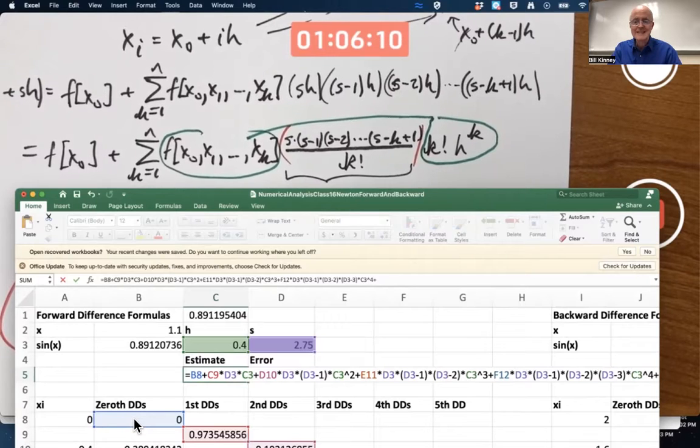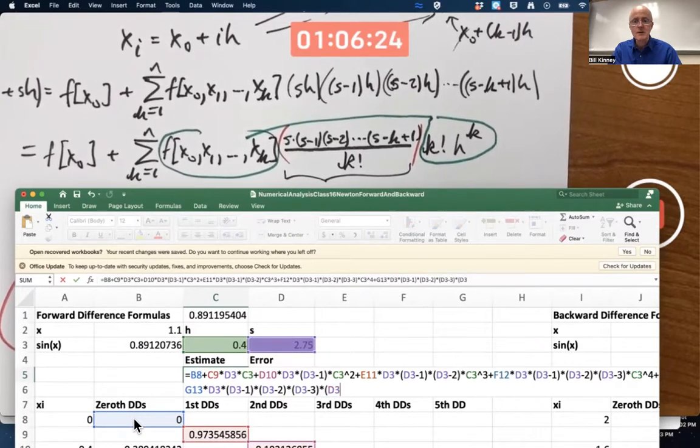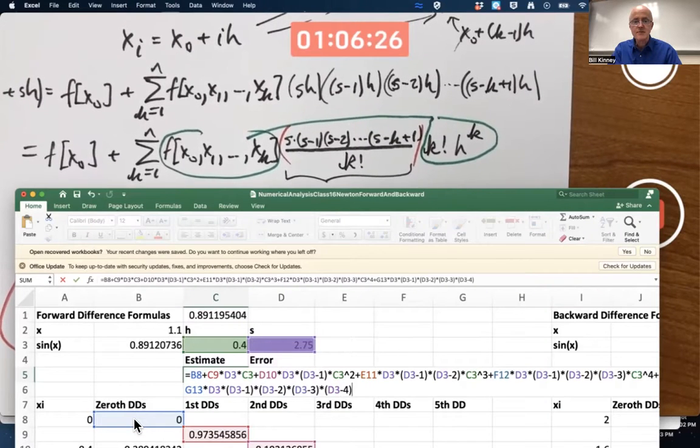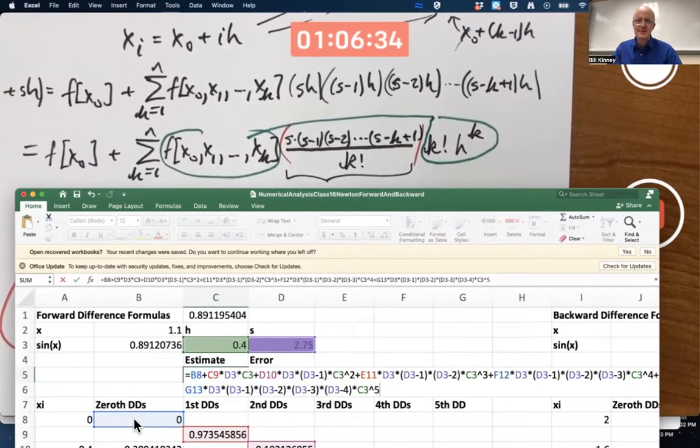One more term, plus G13 times S times S minus 1 times S minus 2 times S minus 3 times S minus 4. This is where k is 5, times H to the 5th. Well, maybe we still can fit the backwards one.